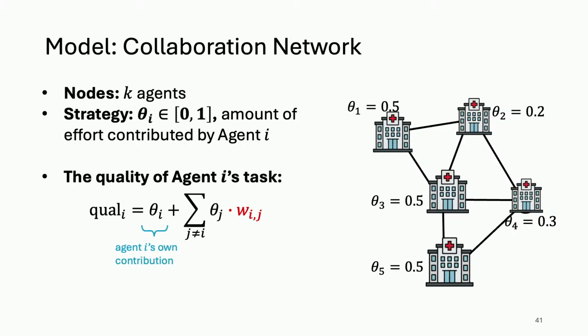So the quality of agent I's task is a summation of agent I's own contribution plus the weighted sum of the contributions from other agents, weighted by W sub ij. This Wij captures the similarity between the task done by agent I and agent J. So this just gives us a weight on the edge between I and J, and gives us a weighted graph to model this collaboration.